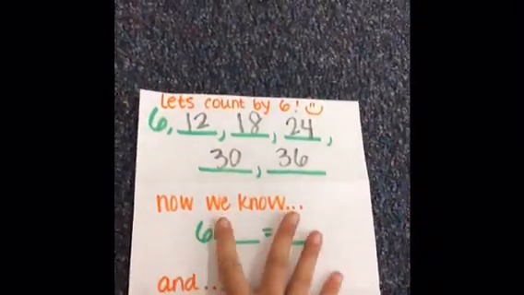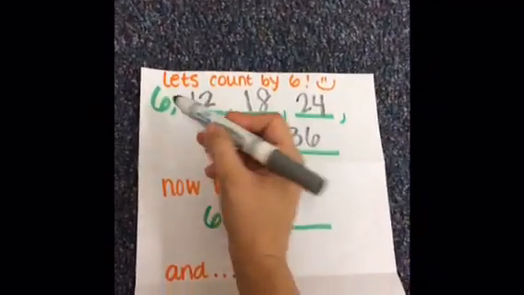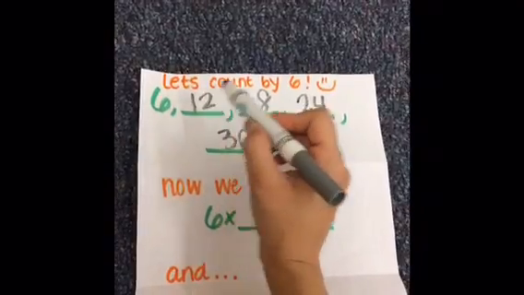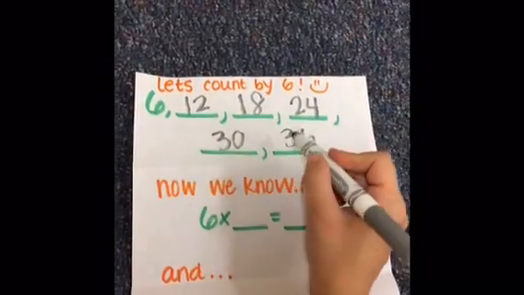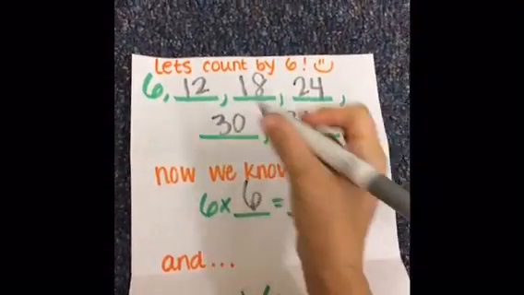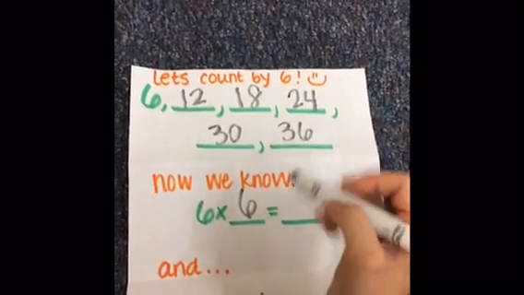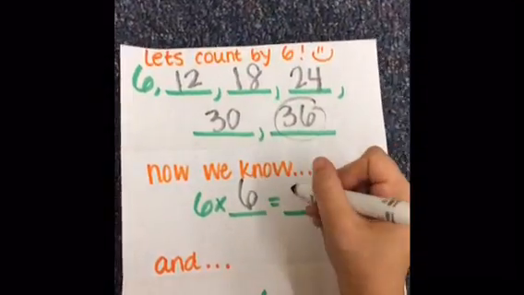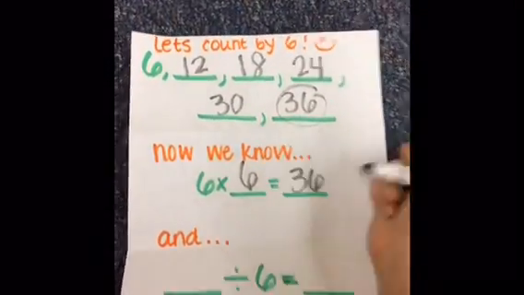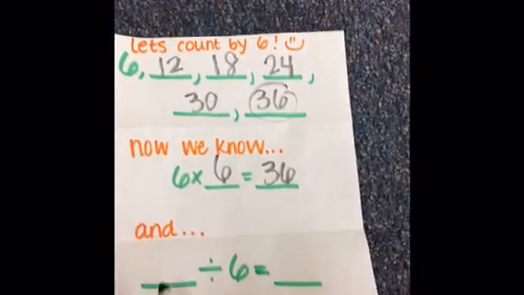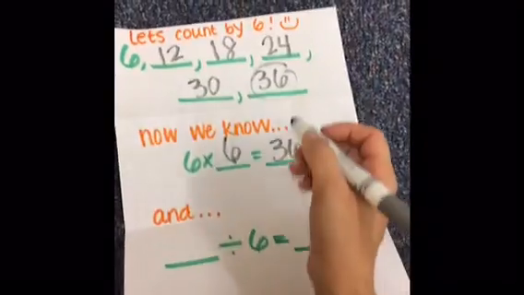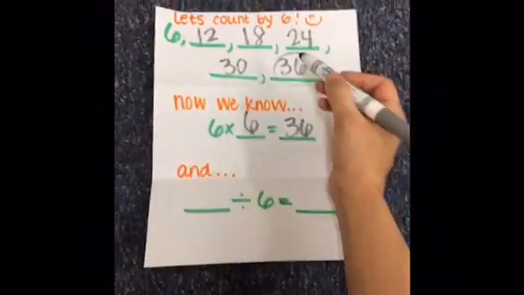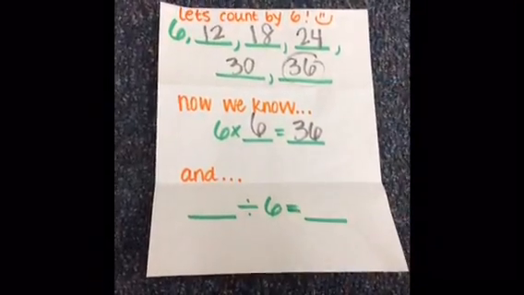Okay, so now we know that 6 times 1, 2, 3, 4, 5, 6, we just skip counted 6 times, equals 36. Now let's think about the division problem here. With division, we always start with the biggest number, our total.